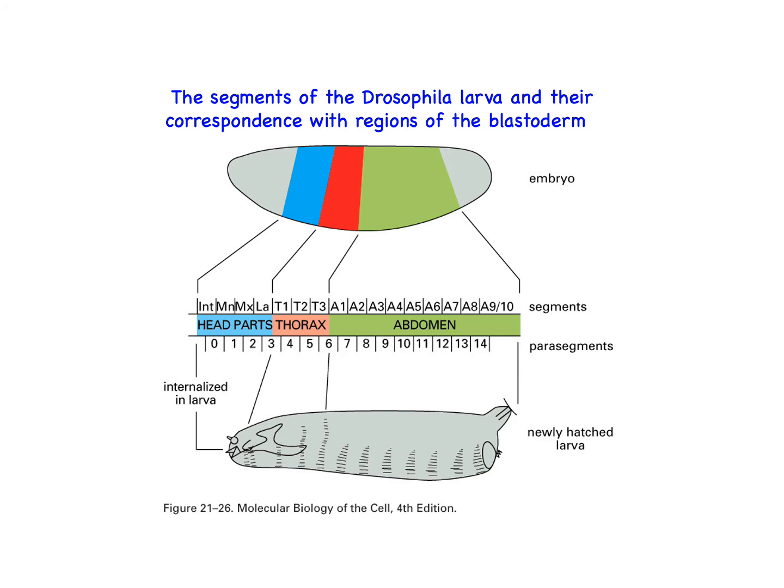And so we're going to look at a series of genes that define smaller and smaller regions across the anterior-posterior axis of the organism. And then finally, once those regions have been defined, then a set of genes that will determine what develops in each one of those regions.